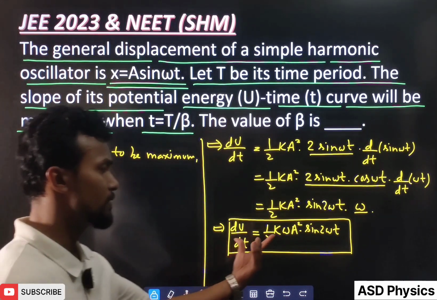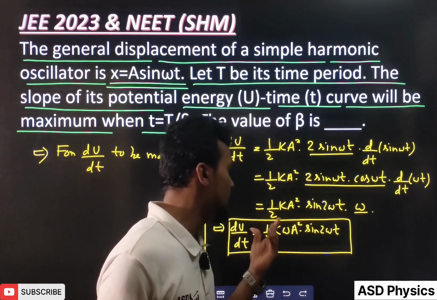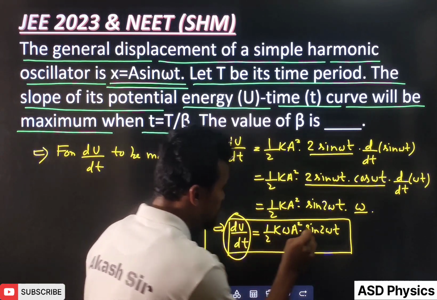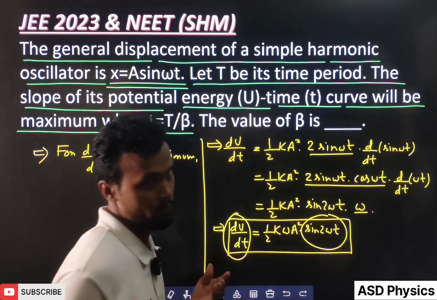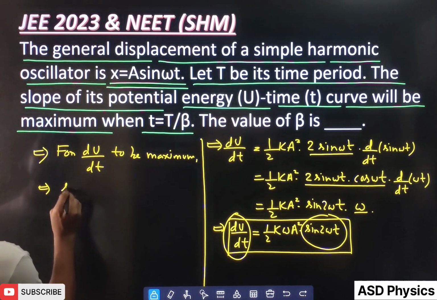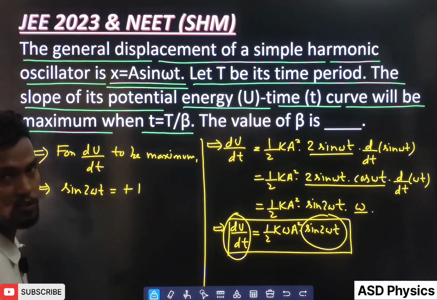Half k omega a square is constant, so if we want it maximum, this sin 2 omega t should be maximum. Only in that situation will du by dt be maximum. So sin 2 omega t should be maximum, that is plus 1.